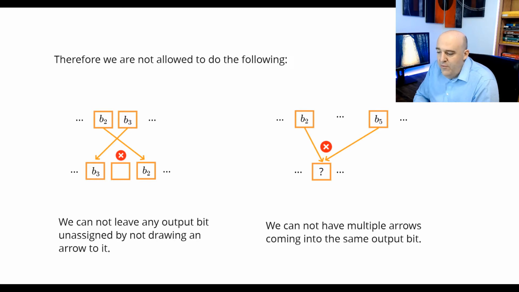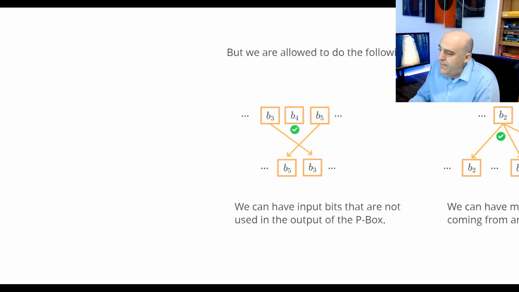We have one output node that doesn't have an arrow to it. That's not allowed. Every output bit needs to be assigned. And similarly, over on the second picture here, we have 2 arrows coming into a single output bit. That's not allowed either. We can only have 1 arrow going into each. Otherwise, we don't know which bit to take to assign to the output.